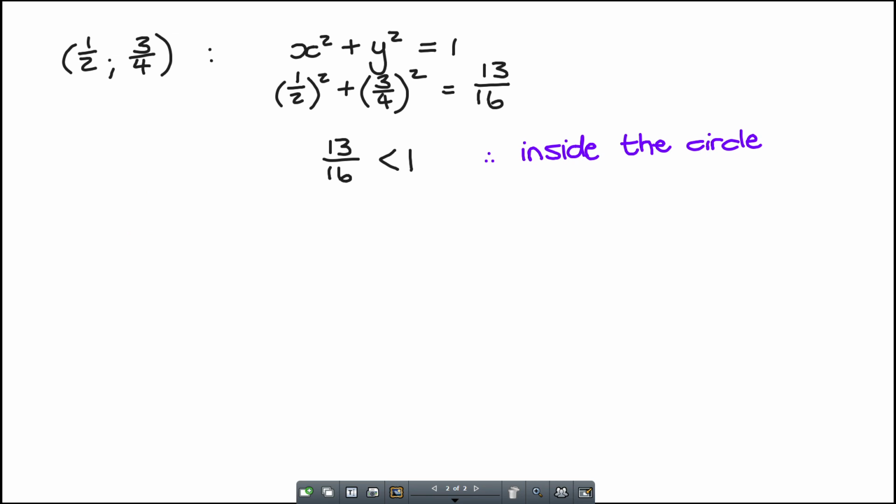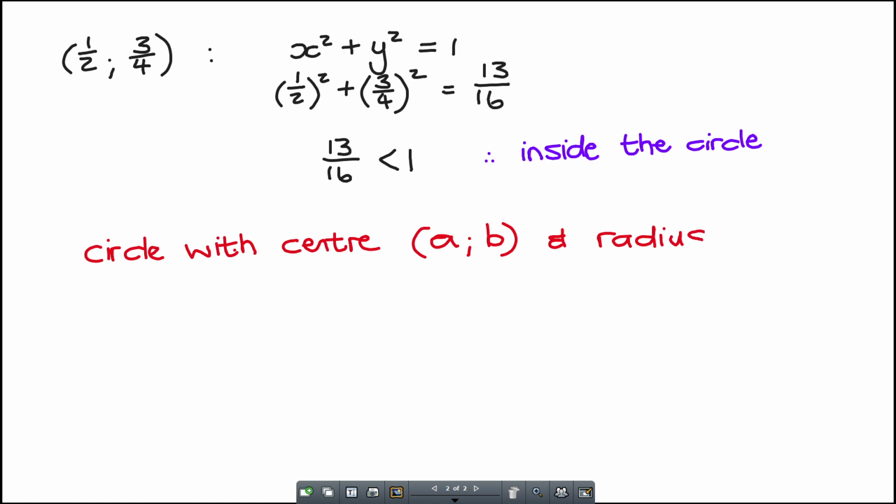let's say daar, the equation of a circle with center AB. Kom ons sê circle and radius R. Okay, so midpoint is now AB.